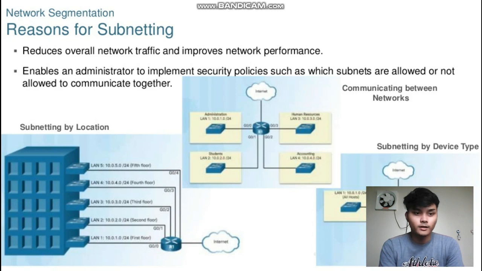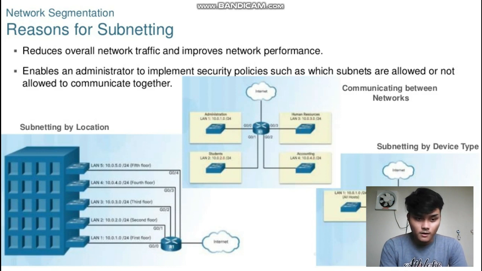So, reasons for subnetting: it reduces overall network traffic and improves network performance. It enables the administrator to implement security policies, such as which subnets are allowed or not allowed to communicate together. As you can see, we have subnetting by location.